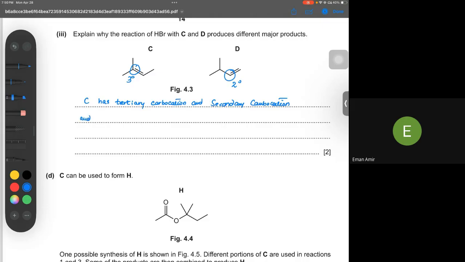And D has secondary and primary carbocation.